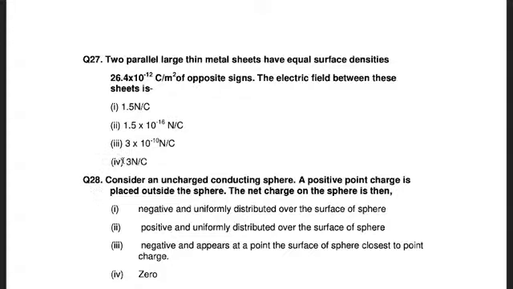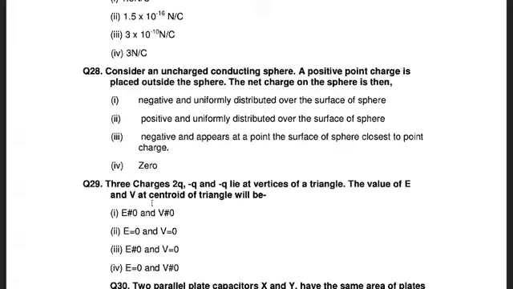Question number 28. Consider an uncharged conducting sphere. A positive point charge is placed outside the sphere. The net charge on the sphere is then, option 1, negative and uniformly distributed over the surface of the sphere. Option 2, positive and uniformly distributed over the surface of the sphere.